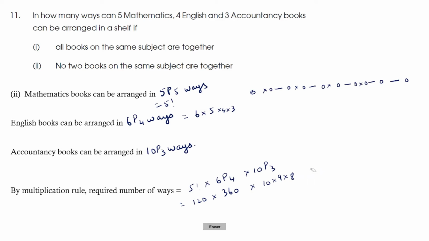That's it. So when we multiply all these, we get the answer as 31,104,000.